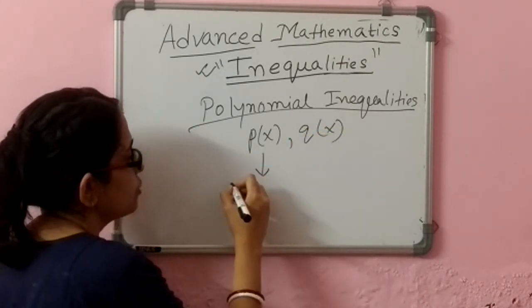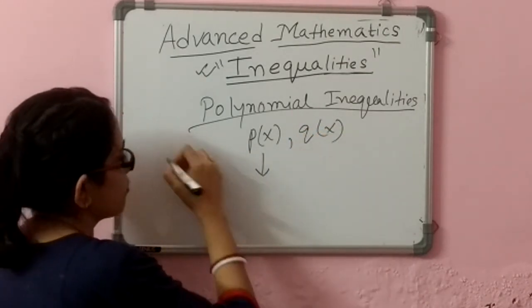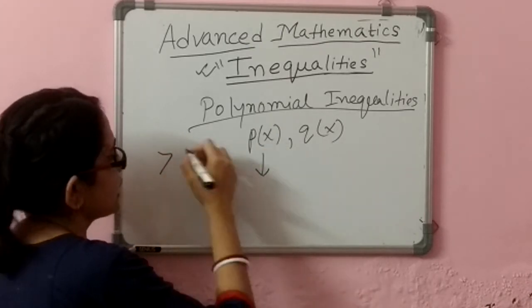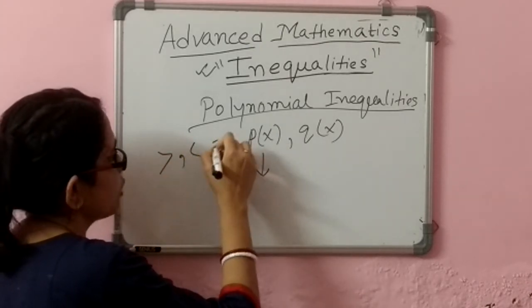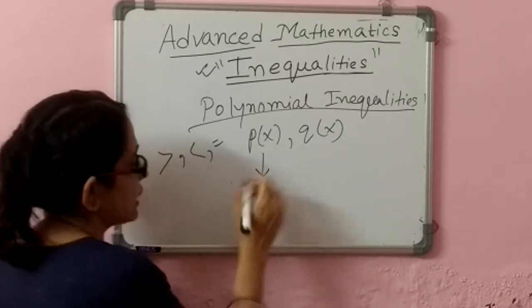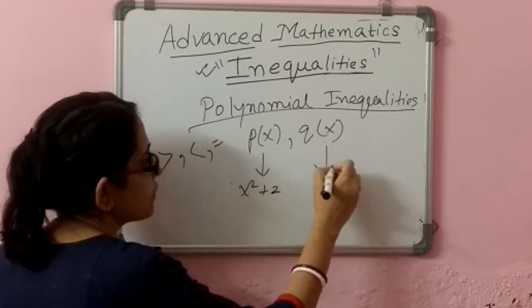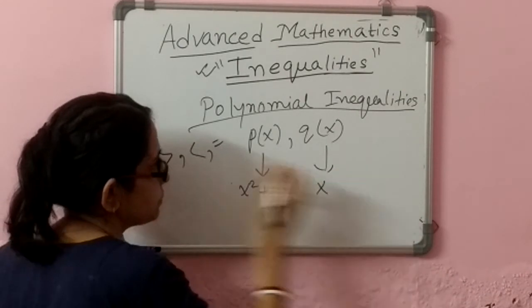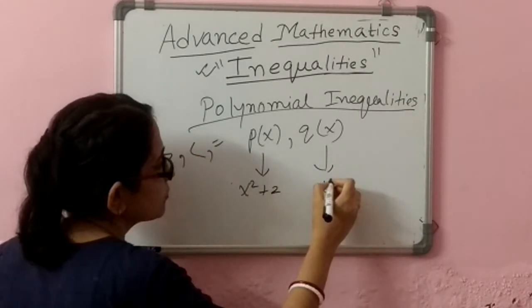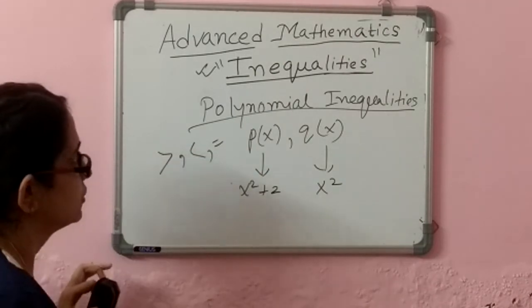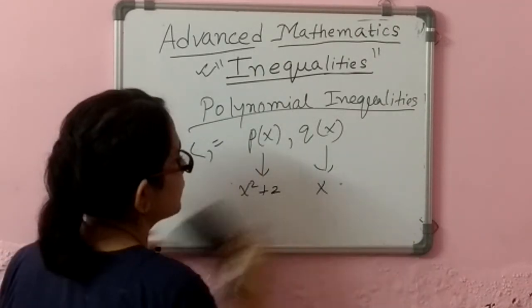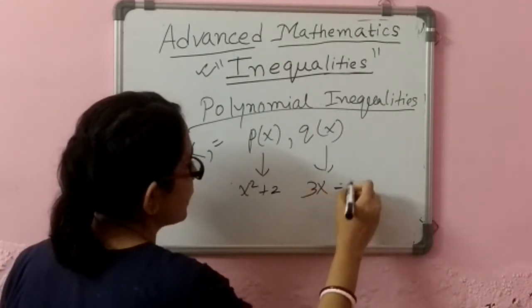Either Px is greater than Qx, or less than Qx, or equal to Qx. But let us consider Px equal to x square plus 2, and Qx equal to x square plus 3x minus 1.